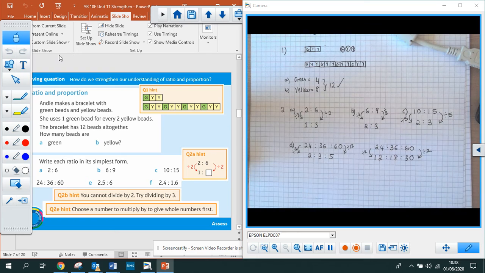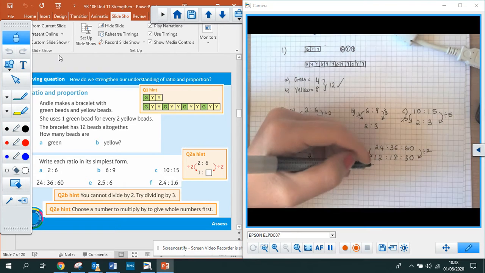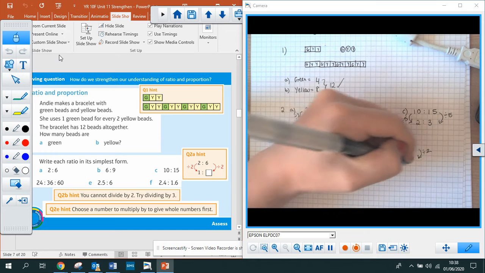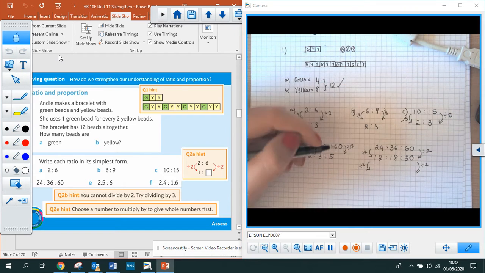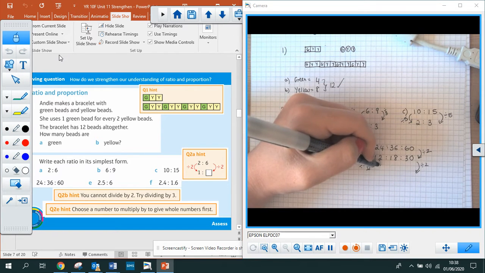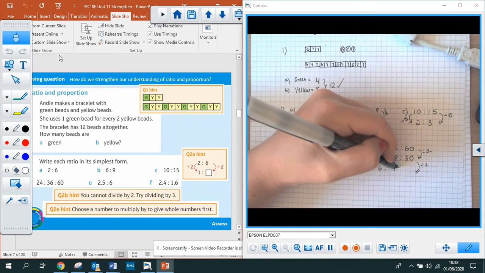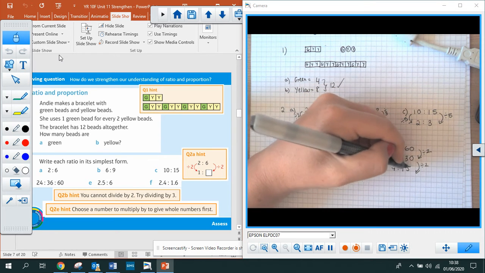Okay, they're all still even. They're not yet simplified fully. So we still need to divide by 2. 12 divided by 2 is 6. 18 divided by 2 is 9. 30 divided by 2 is 15.